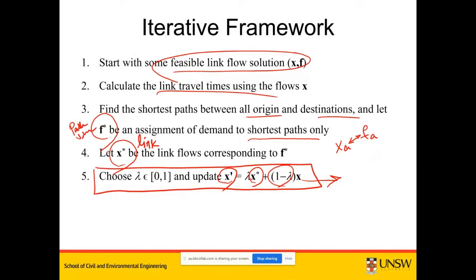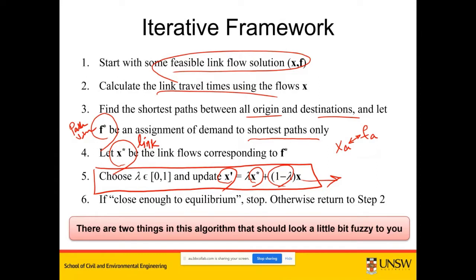And this lambda value, we have to find it. And then if we do this iteratively, if we get close to the equilibrium, we can stop. Otherwise, we have to continue and repeat this.